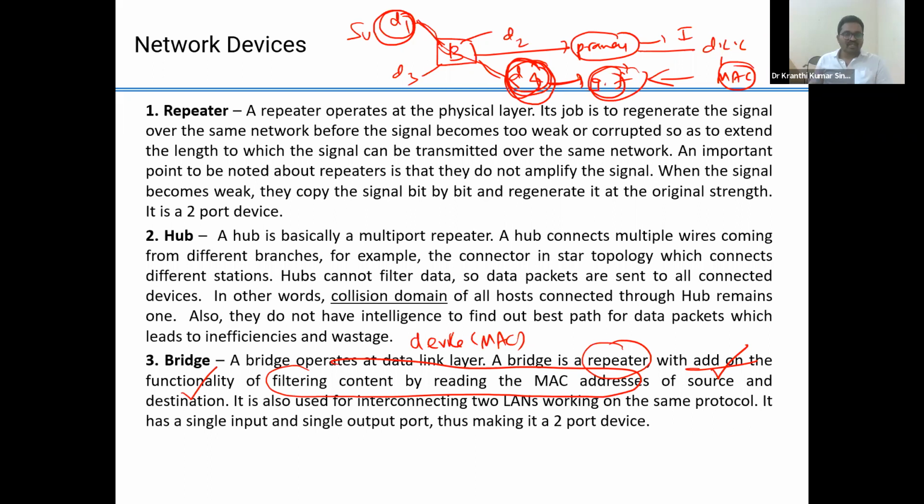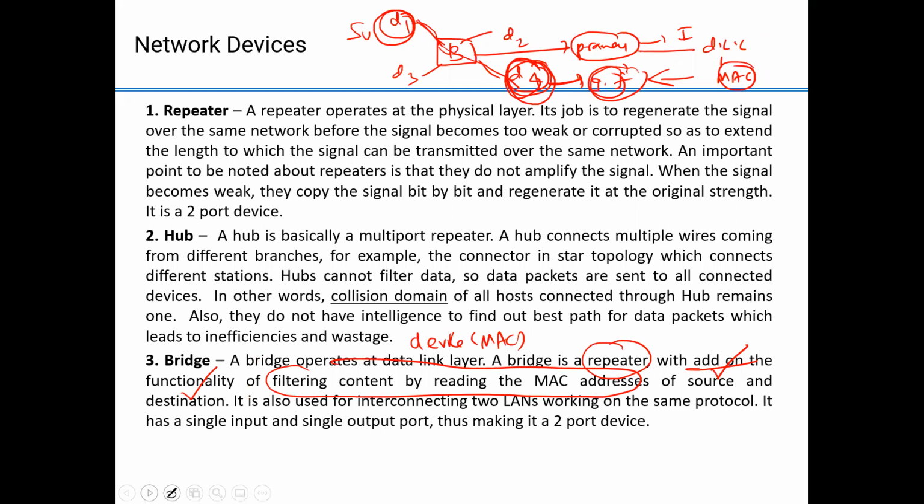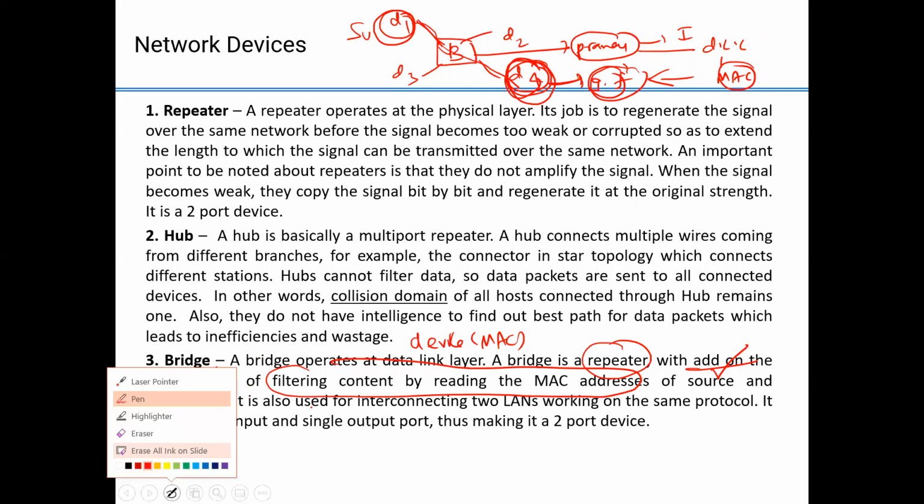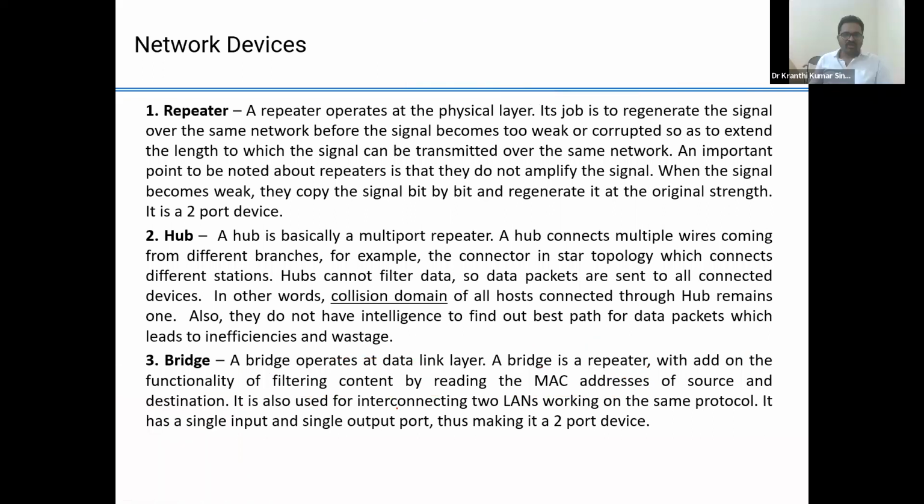That is the main difference between hub and bridge. Do you understand my point? It is also used for interconnecting two LANs working on the same protocol. It has a single input and single output port, making it a two-port device. Bridges are two-port devices.